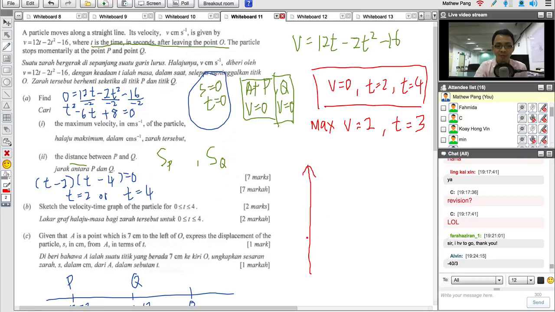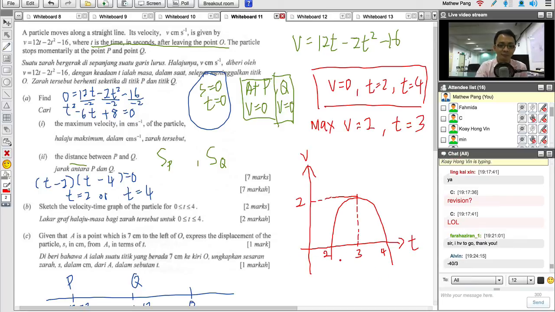So I will get something like this. This is time, this is v. So I will get 3, 2, and velocity equals 0 at 2 and 4. This is 3 here, and the velocity here will be 2, and at 2 and 4 it will be 0.